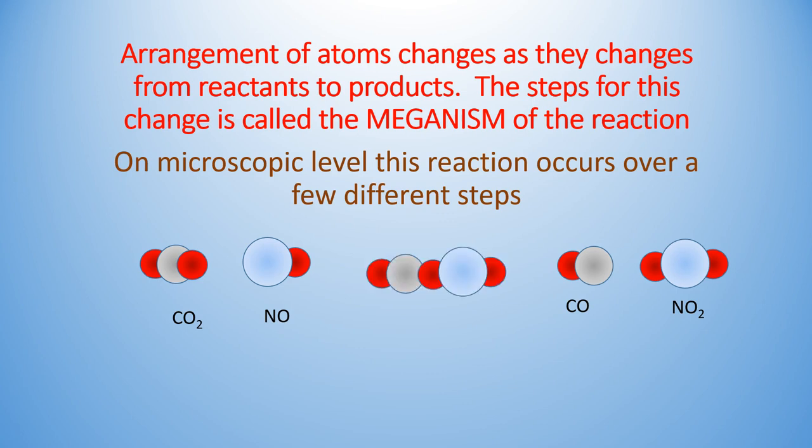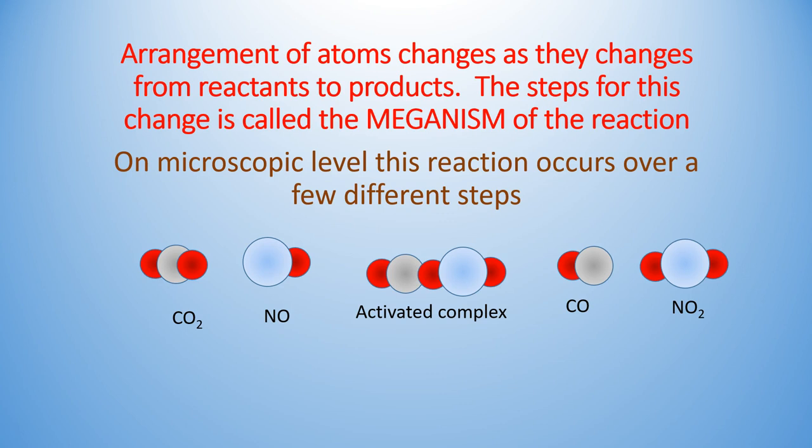In between, a huge molecule forms temporarily for a short while, and this molecule is called the activated complex. So this whole process, moving from reactants through the activated complex through to the products, is called the mechanism of the reaction. That's how the particles are moving.